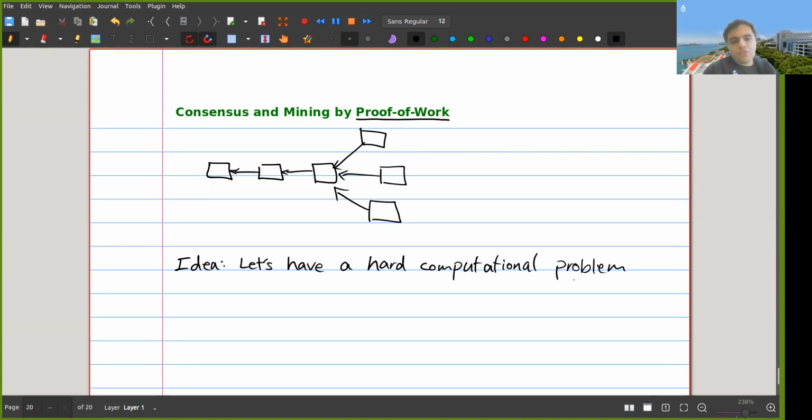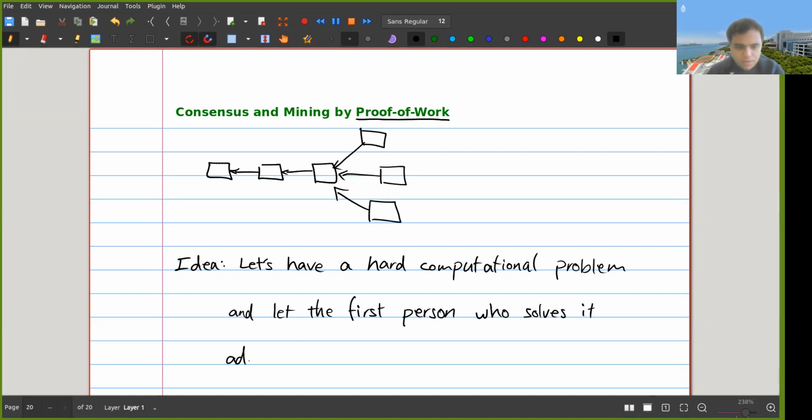And let's say that the first person who solves this problem gets to add the next block. Okay.